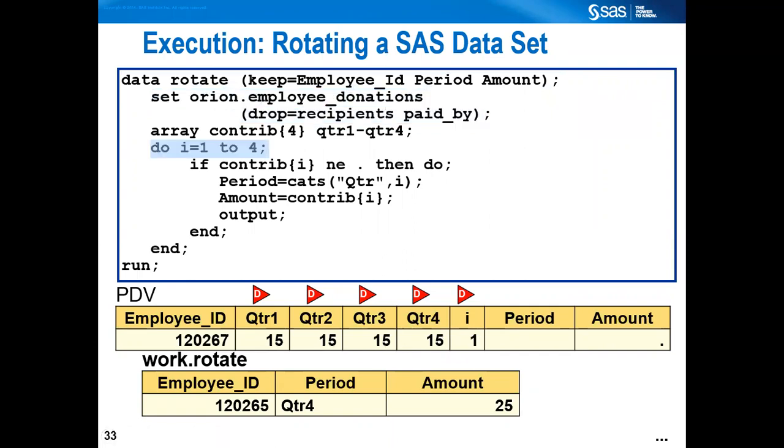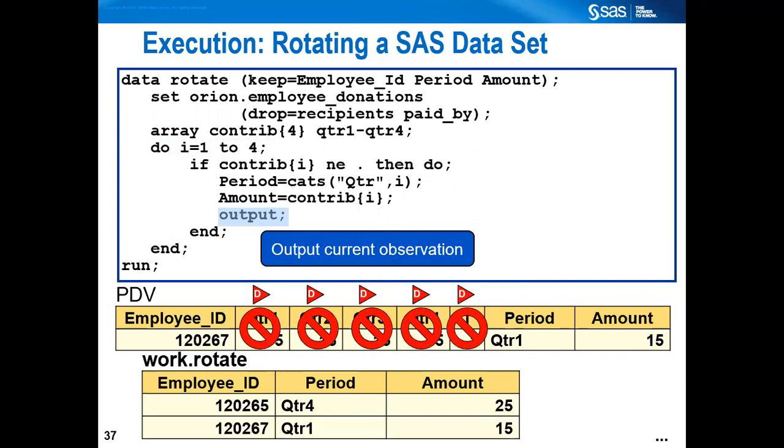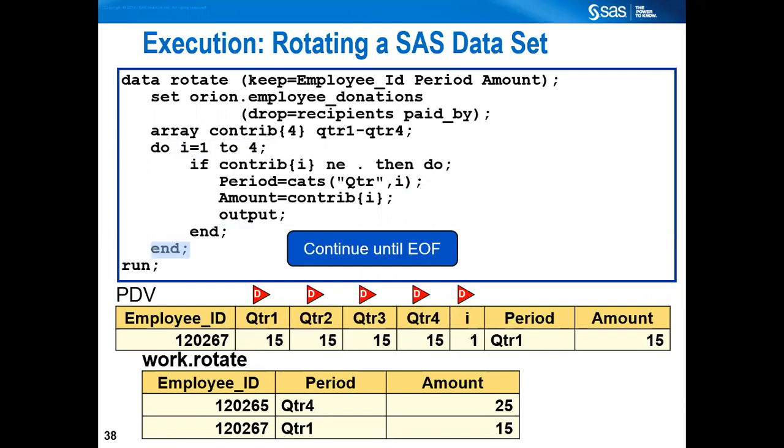And as per your instructions, now with your loop I value, contrib I is currently not equal to missing, which is true. Hence, it will enter the loop, take the value for period, take the value for amount. With the explicit output statement, it will immediately write it to your new data set. With this end, it will increment your I variable value in PDV, and this is how the process continues until the end of your file marker.